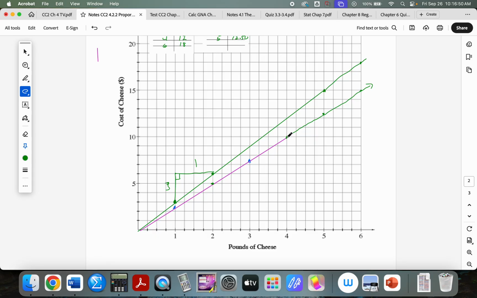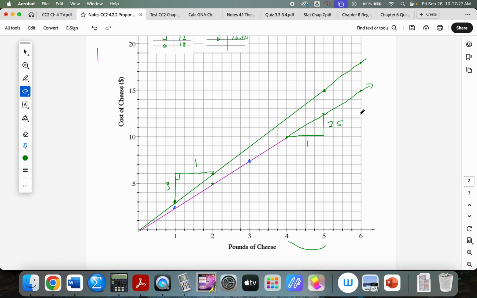This is one of the ways you can get the unit rate by looking at the graph. If I move to the right 1 unit, and this is 1 unit, it's not 1 space, but it is 1 unit, how much do I go up? About 2.5. Okay, that's a way you can see unit rate on a graph. Move to the right 1 space and see how much it moves up, or it could move down.